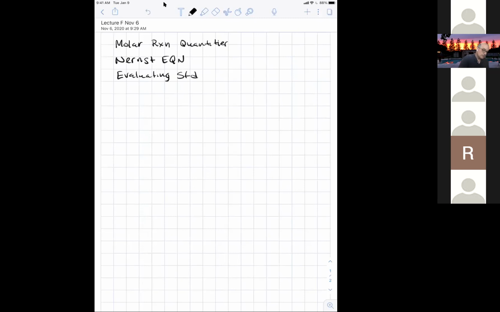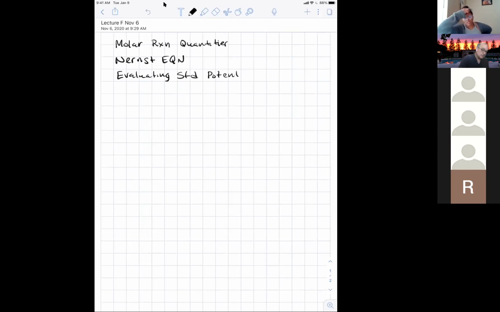We're going to figure out how to evaluate standard cell potentials, because standard cell potentials are hypothetical, and they're hypothetical because of the standard state thing, right? The standard state is usually hypothetical.